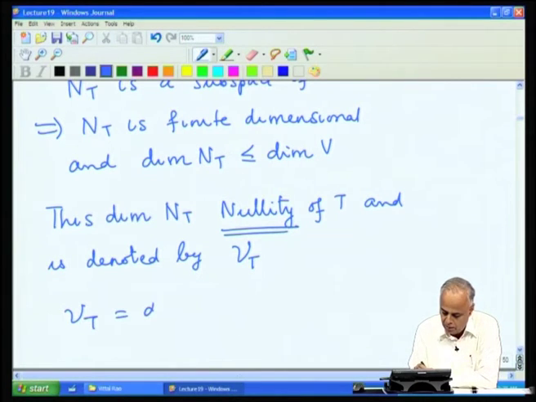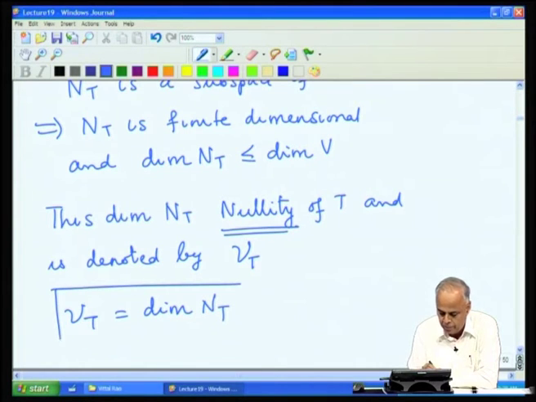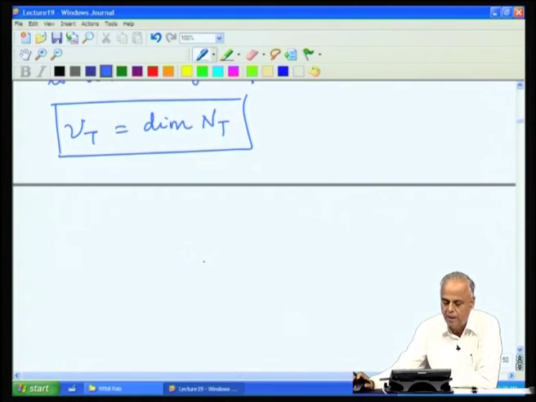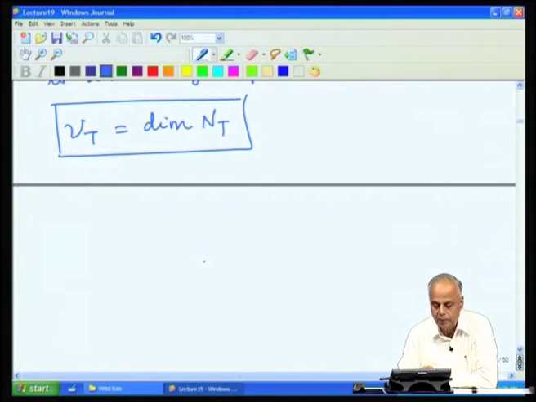Nu of T is the dimension of NT, where NT is the null space. So, the nullity of a linear transformation is just the dimension of the null space of T.